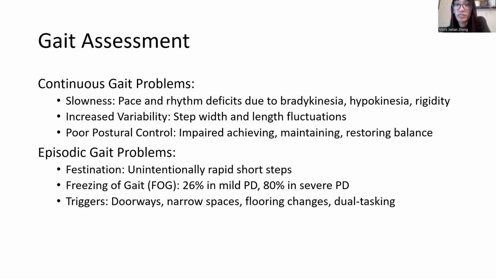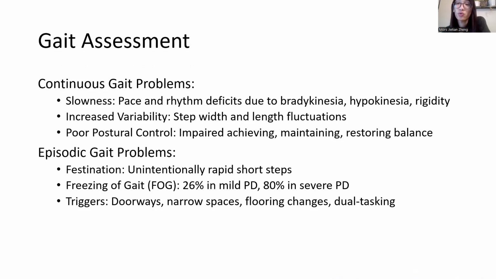The second is increased variability. Patients show greater stride-to-stride variations in step width and length, which contributes to instability. Third is poor postural control during walking, affecting their ability to achieve, maintain, and restore balance while moving.